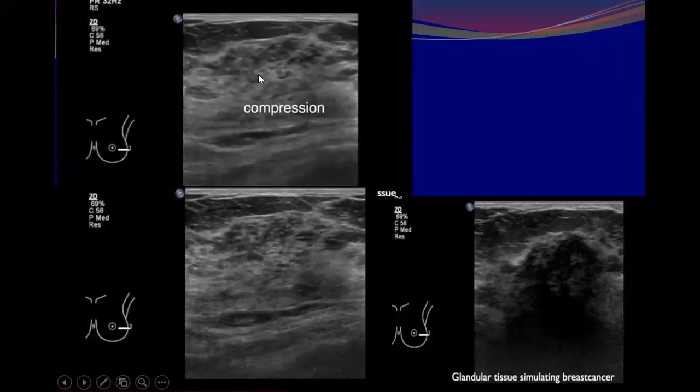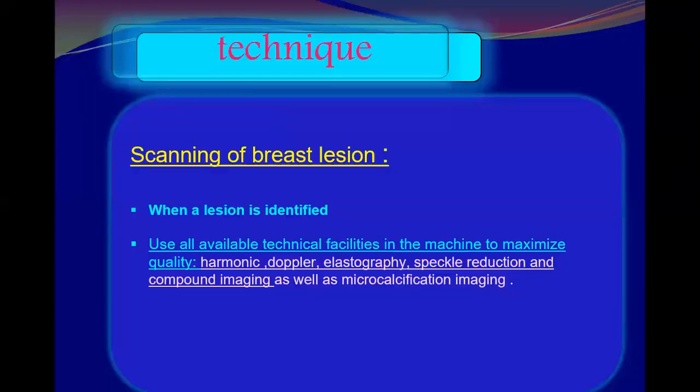So this is the image with pressure, and this is the image without pressure. You see, sometimes pressure is really helpful to clarify a lesion from a pseudo lesion, like in a fat lobule, and like in amalgamated glandular breast tissue with shadowing due to sound absorption.